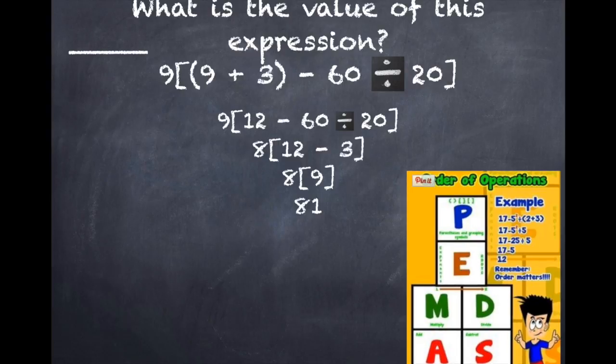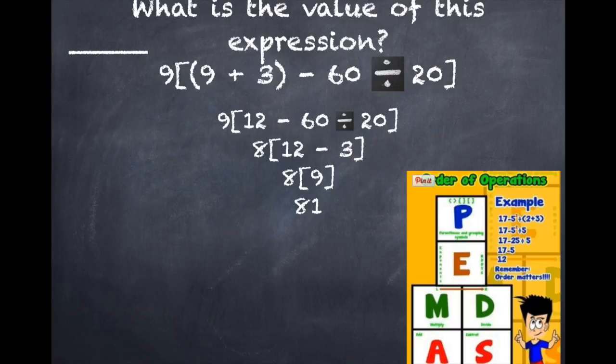Alright, so the very first thing that we would do is what is in our parentheses. 9 plus 3 is 12. Remember, you mark that off, drop everything else down. Okay, now we still have several operations within our brackets, and we have to follow the order of operations within those.